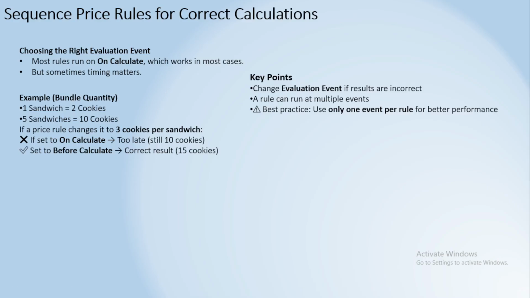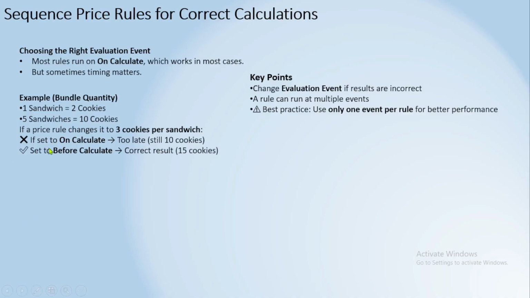Correct? Like if I click here, one sandwich equals, this is a bundle quantity example. One sandwich includes 2 cookies. Approximately 5 sandwiches will include 10 cookies. What if a price rule changes it to 3 cookies per sandwich? It means that if set to on calculate, it is too late, because I need to click on the calculate button first to do some changes on this calculation.